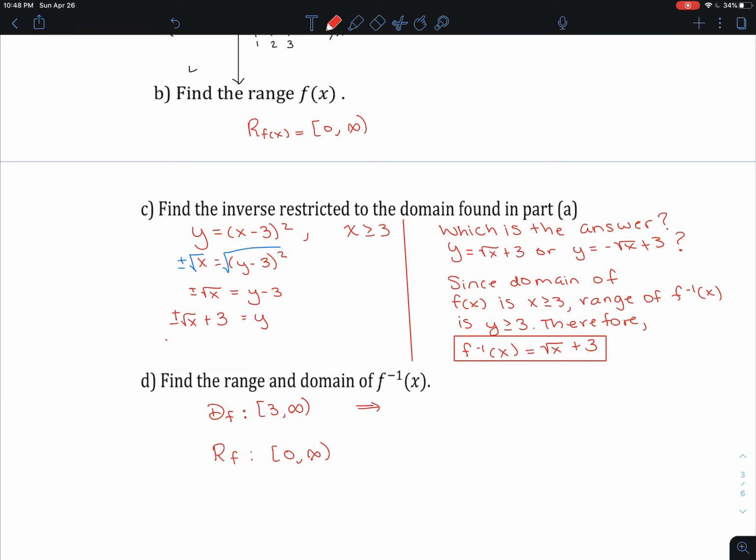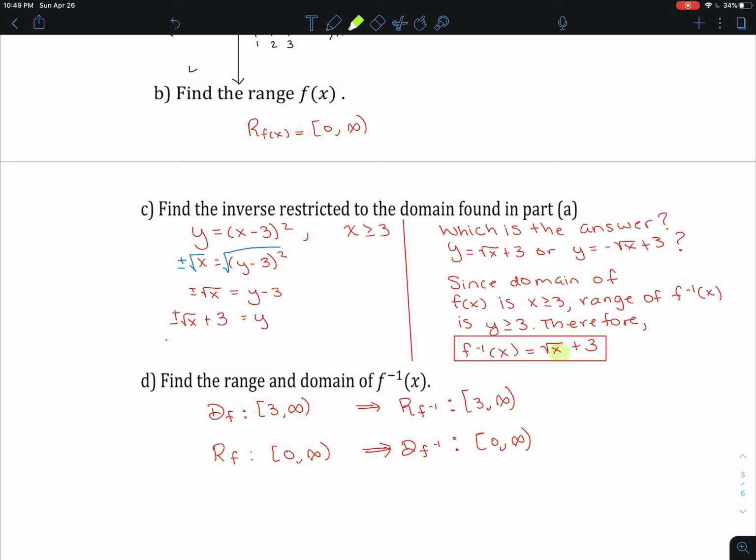This means that, and I'm going to start with the range, the range of f inverse is 3 to infinity, and I know that the domain of f inverse is 0 to infinity.